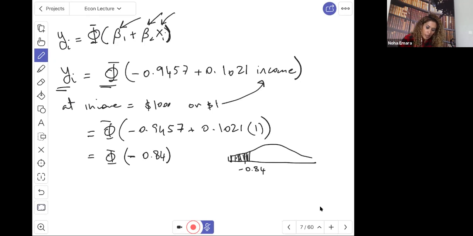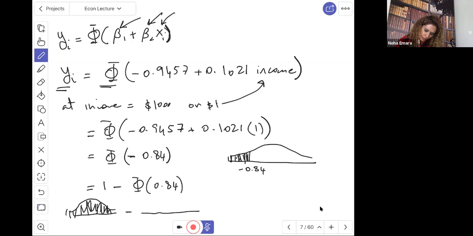Okay, an equivalent way of writing it is, what is the probability of 1 minus all the points which are less than the positive part? So these are equivalent, right? Because the 1 is everything under the graph, minus everything that is less than the 0.84.